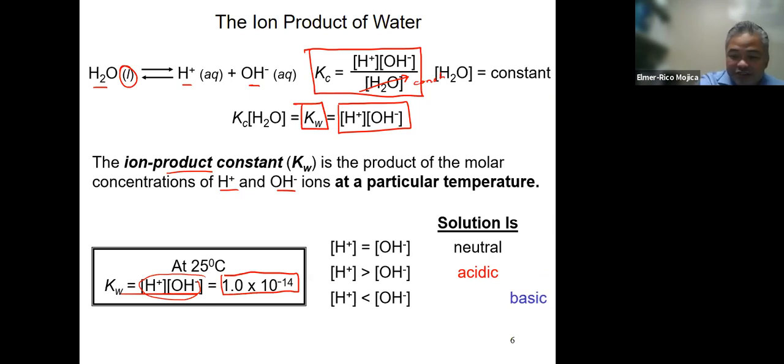So that's the relationship that you have between H plus or H3O plus with respect to the hydroxide or OH minus. So what connects the two? This number, the KW. So let's try to solve problems.